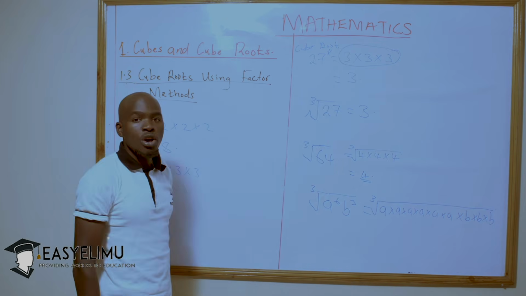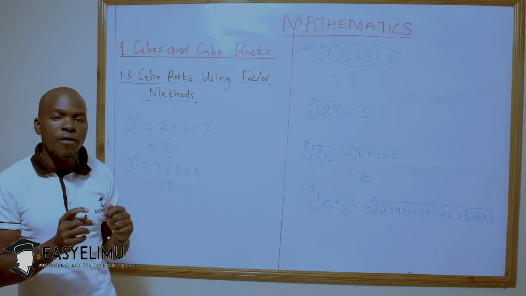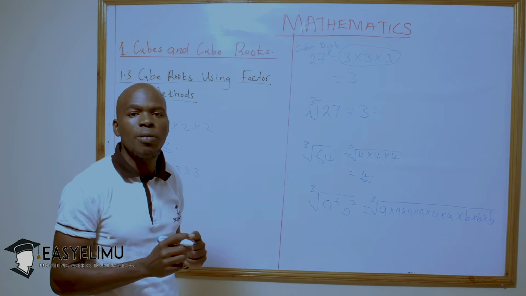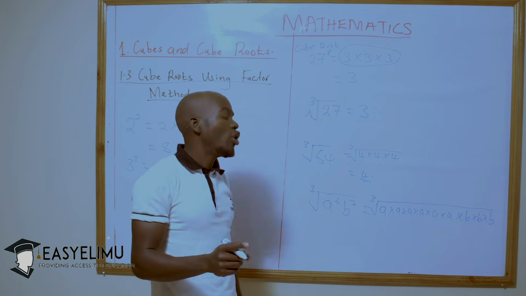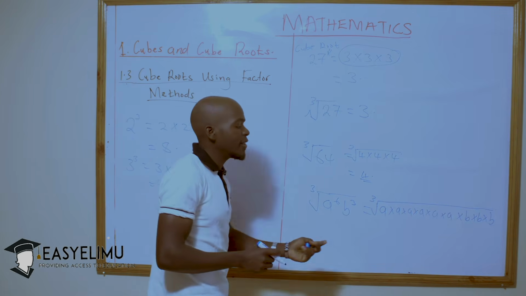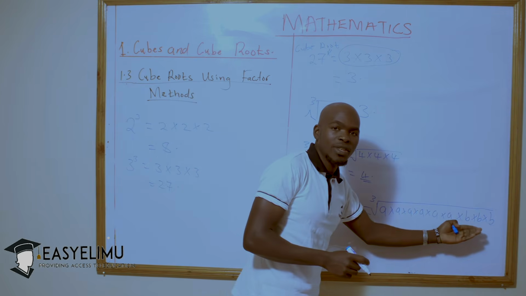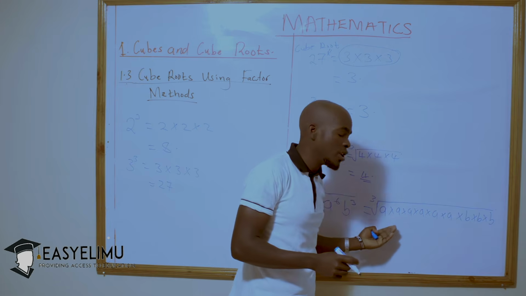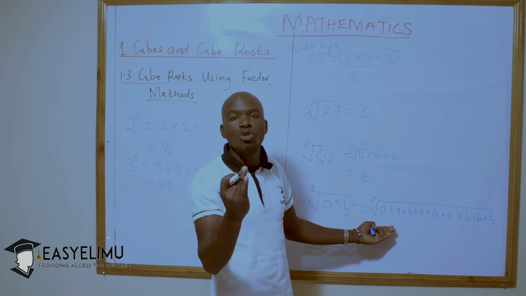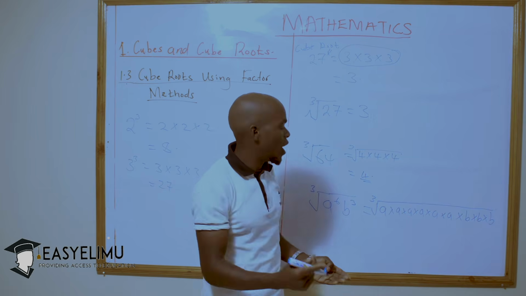Now here, because the cube root of a number is that number which we multiply by itself 3 times in order to get a given number, we have to group these factors. This is what we refer to as factors. We shall group them into 3, and from each group of 3 we select one.